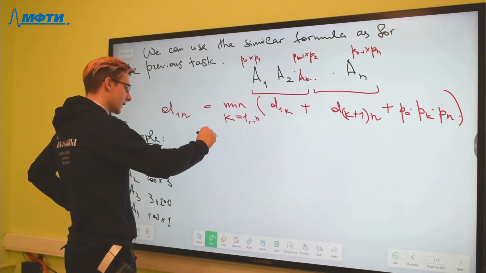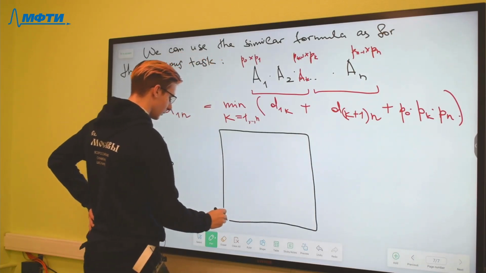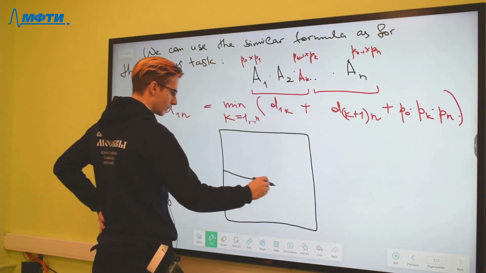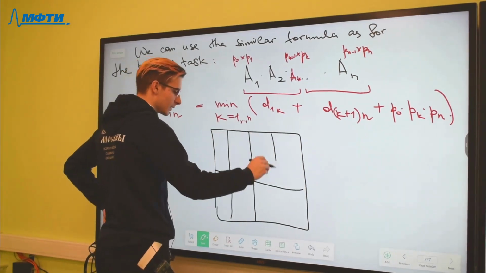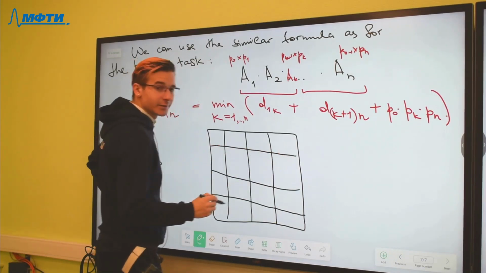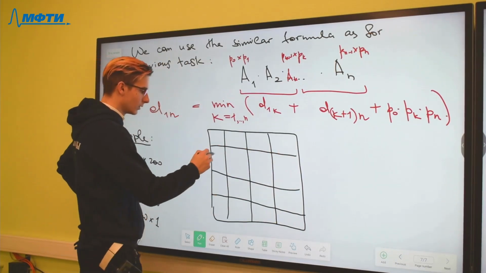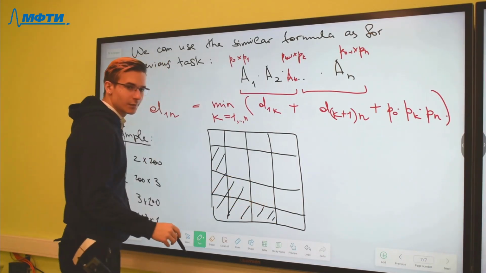And then we set the matrix in which we memorize information of the subtasks. As you see, we don't need this part of the matrix.